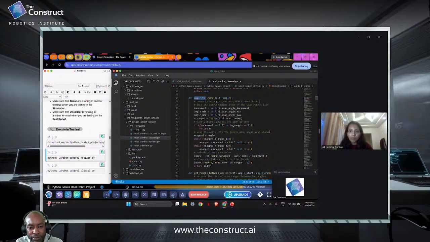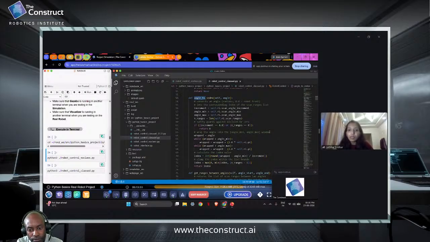Okay. So angle to index takes in two parameters, self and angle. Self is the object that we are calling, like the robot. The angle is the angle that it receives to turn into the index that we want.